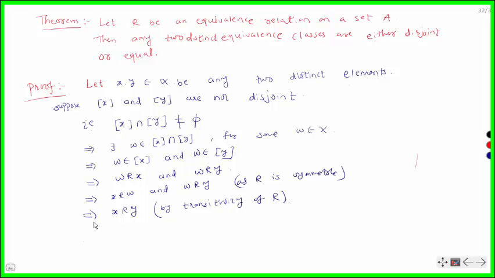We have to prove that the equivalence class of x is equal to the equivalence class of y. How can we prove it? We have to prove that each element in the equivalence class of x is in the equivalence class of y, and each element in the equivalence class of y is in the equivalence class of x.